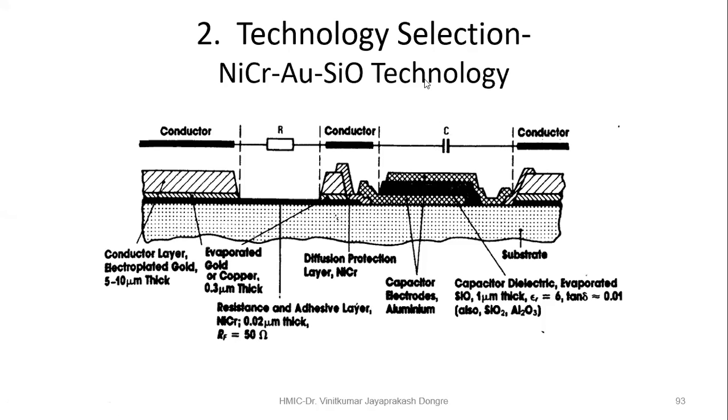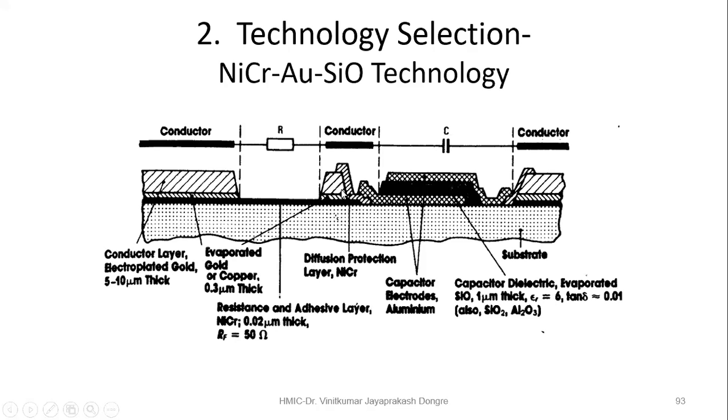So this is your conductor. After the conductor, as I explained, the resistive material NICR is used for the resistor. Again this conductor is here, again the same layer, but it is connected to the capacitor. The capacitor lead, that is the aluminum lead, is there.